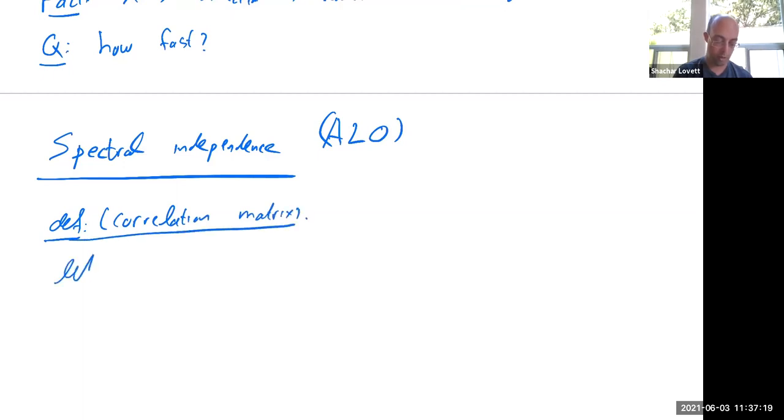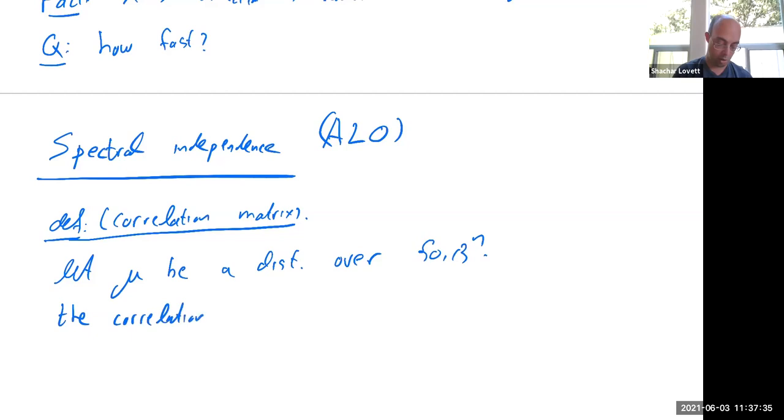So again, let mu be a distribution over 0, 1 to the n. So the correlation matrix of mu is a 2n by 2n matrix.